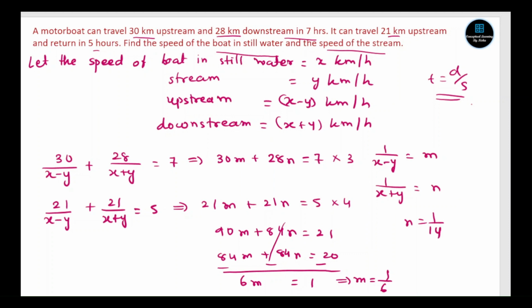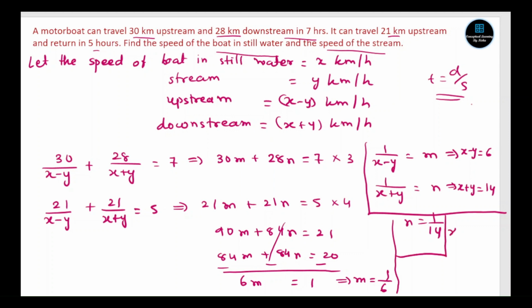Alright. And now from this what I'll get, x minus y equals 6 and from this I'll get x plus y equals 14. And now again I have two equations which we can solve and we'll get the value of x and y. So on solving this I'll get x equals 10. Perfect.